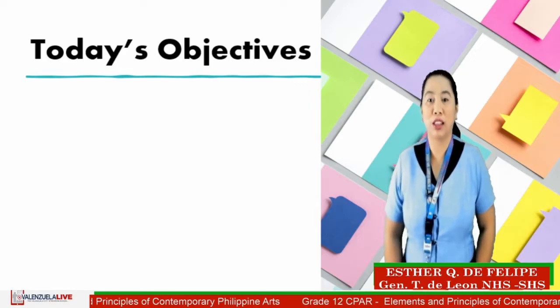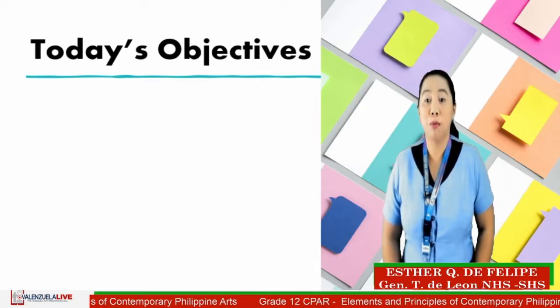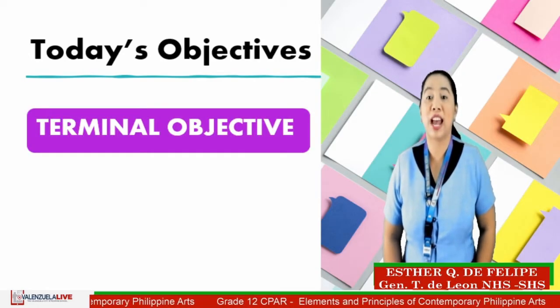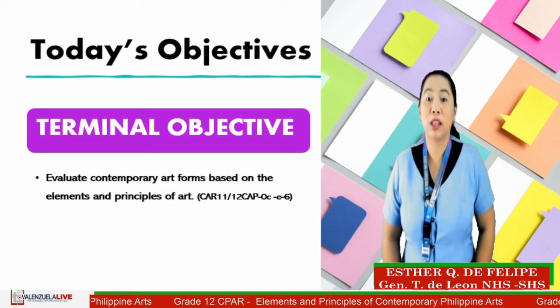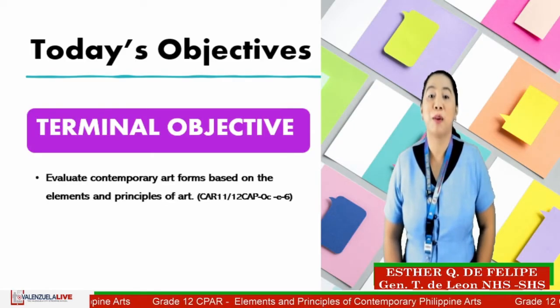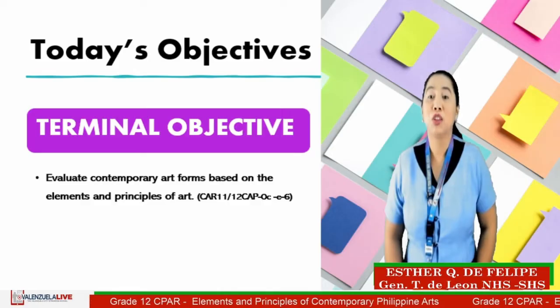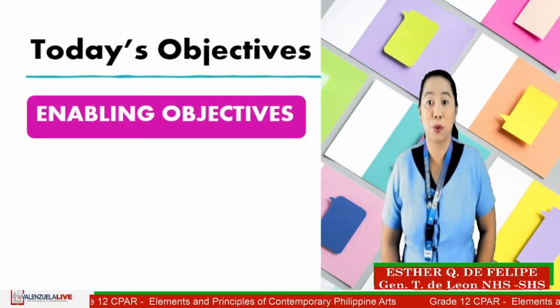The main objective for today's session is based on number 5 of the most essential learning competencies, which targets that each of you will be able to evaluate contemporary art forms based on the elements and principles of art. To accomplish this, we have 3 enabling objectives.